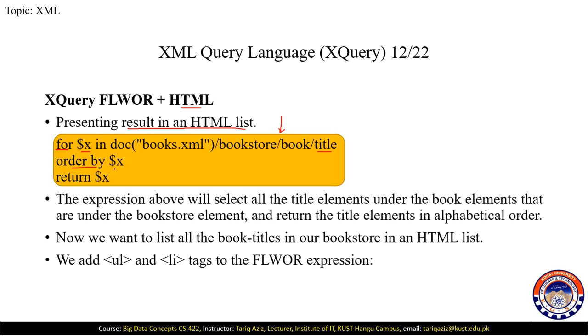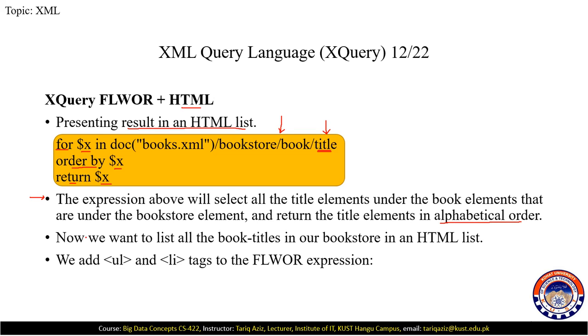Okay, whatever is in this variable x we want to sort it, and then whatever is in this variable x we want to return it. Okay, so this whole point I already explained, that this query will return the titles of the books. Okay, because we want to return the title, but it will return these titles of the books in alphabetical order.